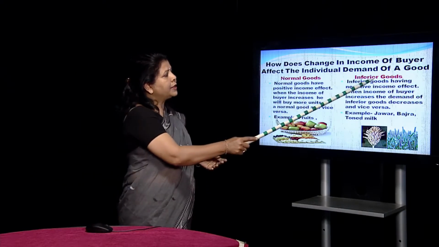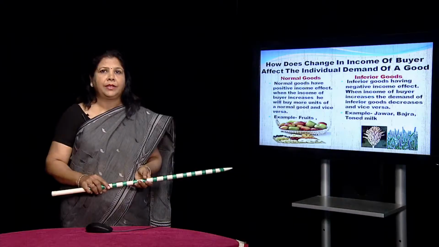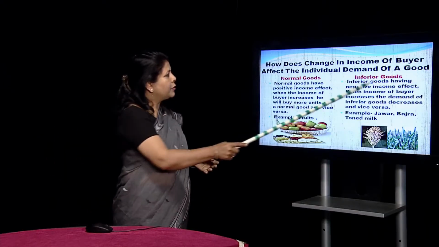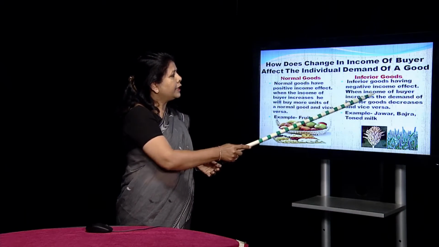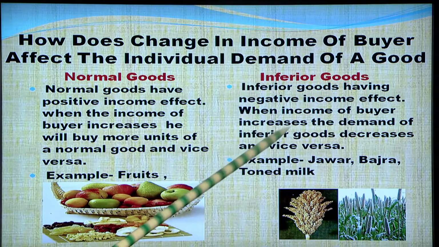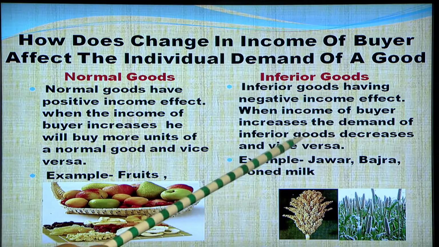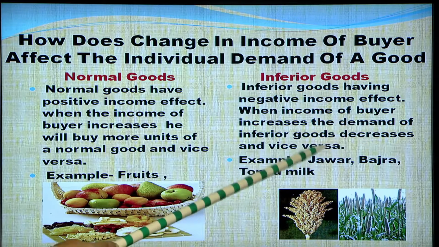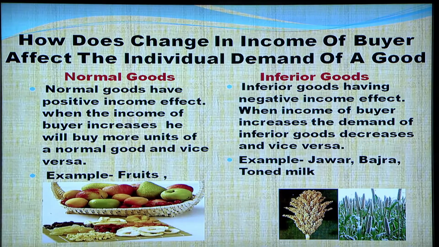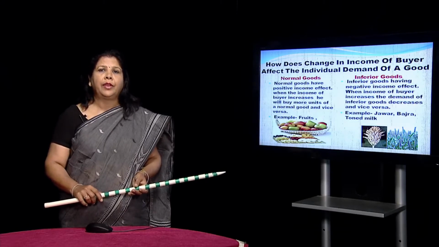There are other goods as well which behave differently when income rises. These are known as inferior goods. Inferior goods have a negative income effect, that is, when income of the buyer increases, the demand of inferior goods decreases and vice versa. These goods are not high in our priority.